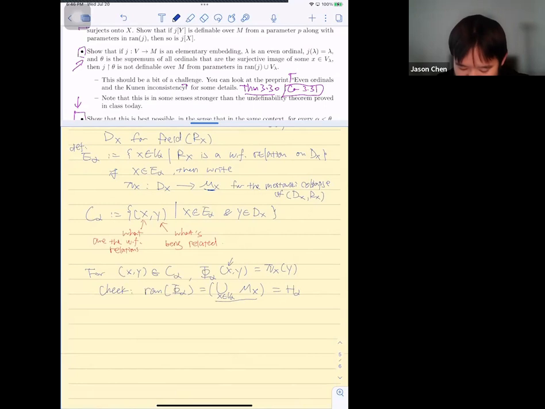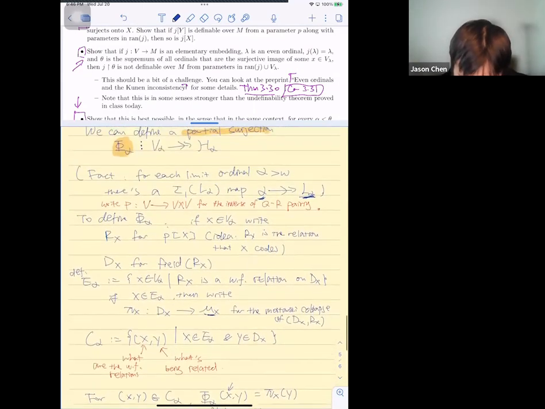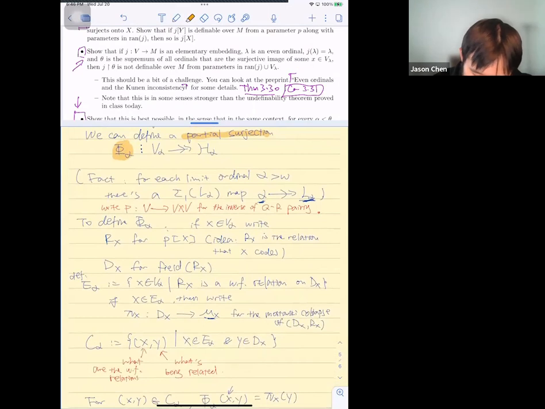So the point is, you look at the V alpha for the particular alpha that you picked, and that V alpha is going to contain enough codes for the order types of transitive sets. Remember, phi is supposed to be a function going from V alpha to H alpha.